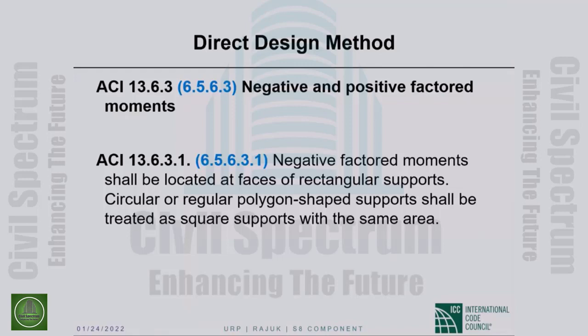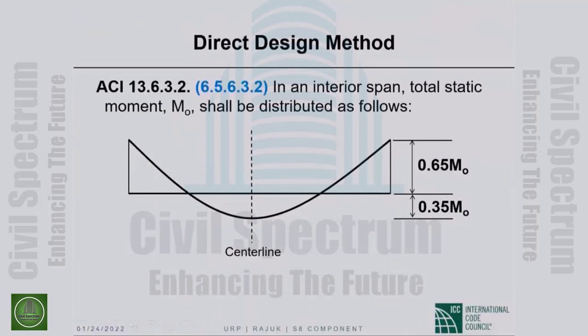We are talking about distribution of M sub 0 to negative and positive moment sections. So negative factored moments shall be located at faces of rectangular supports. If it is other shaped support, then you will come up with an equivalent rectangle as shown previously.